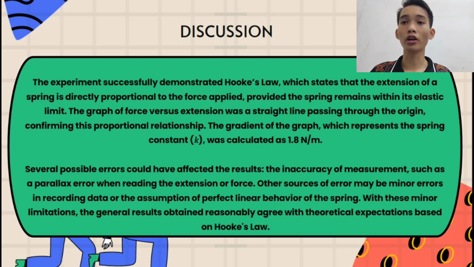Other sources of error may be minor errors such as recording data and the assumption of perfect linear behavior of the spring. With these minor limitations, the general result obtained reasonably agrees with theoretical expectation based on Hooke's law.